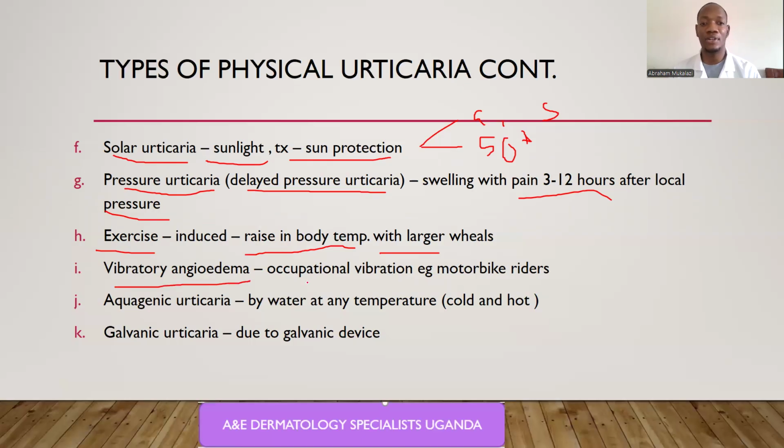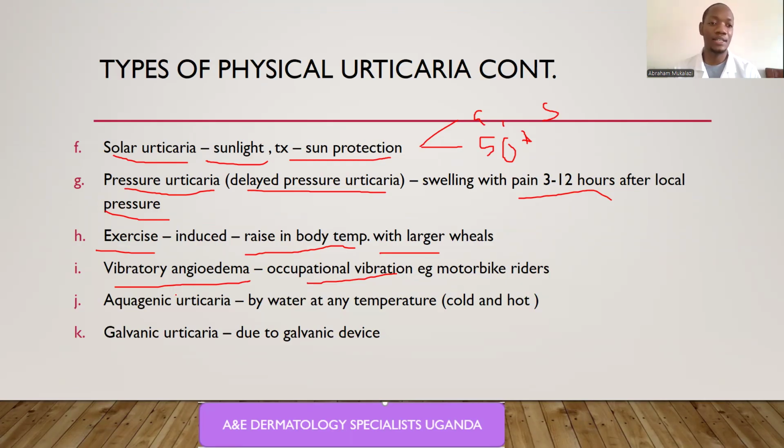Then the vibratory angioedema, we've seen this as an occupational hazard, mostly seen in people with occupations where they use vibrating machines like chainsaws, motorcycles, and grinders. All those machines that are usually vibrating can trigger this vibratory angioedema.